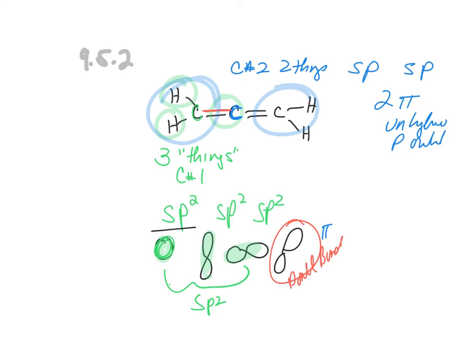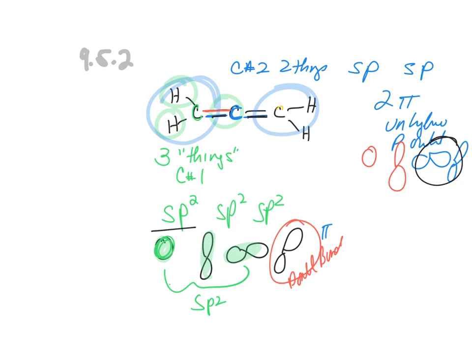And that's why this carbon can do 2 pi bonds, because it only used an S and 1 p. What's left over was 2 p's. And when you have the leftover unhybridized p orbitals, you can have these multiple bonds here.